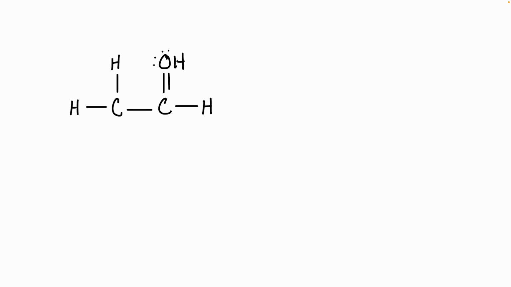So now I have a carbon-oxygen double bond. But what else am I going to have to do so I don't break carbon's octet rule? I've got to move this hydrogen as well. I'm going to move that hydrogen back down here so that everybody's happy and has a complete octet. So the big thing about a tautomerization is you're not adding any atoms, you're not taking any atoms away, you're just rearranging things on the page.